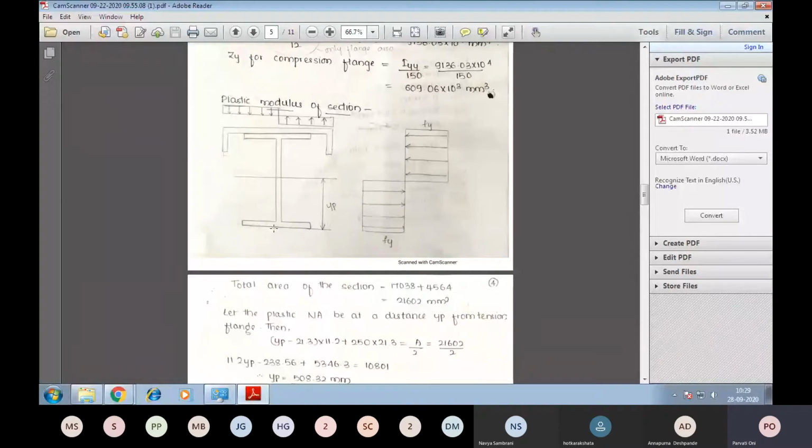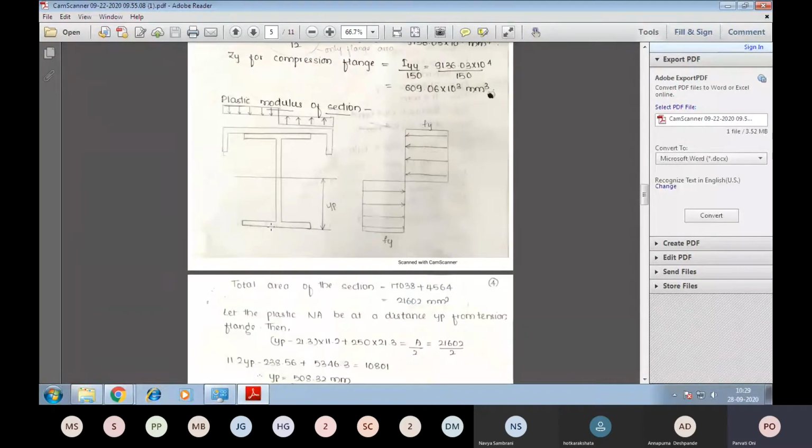In the similar way as we calculated the elastic moment of inertia, we are going to calculate the plastic moment of inertia. For that we should know where exactly the plastic neutral axis lies from the base.